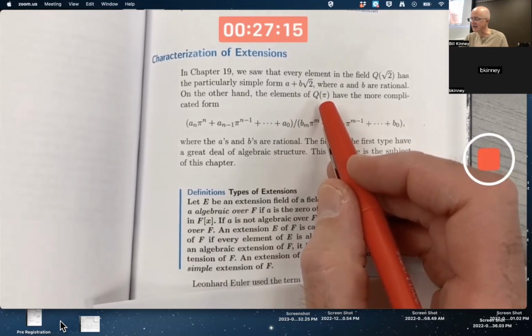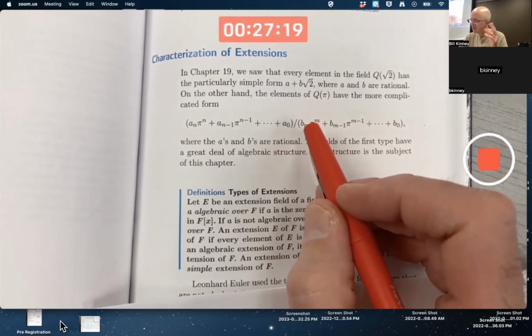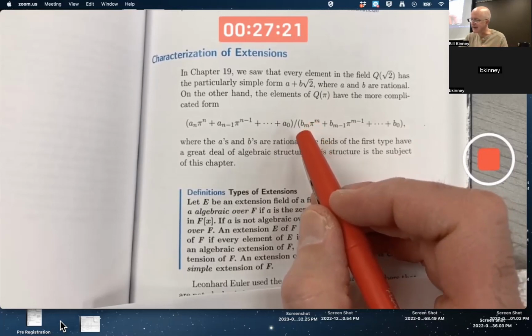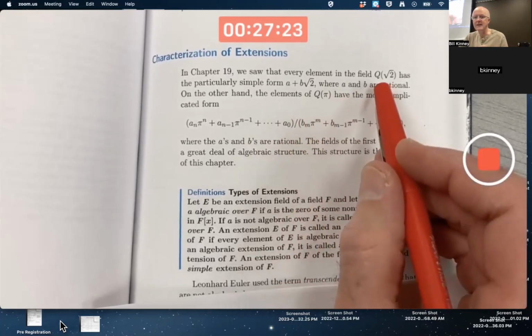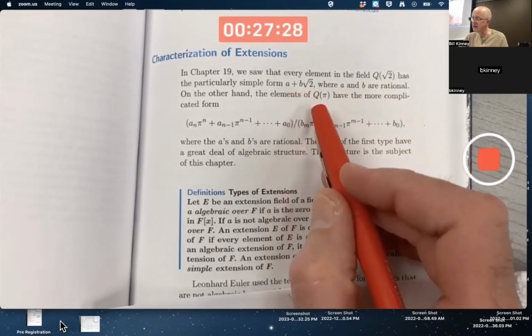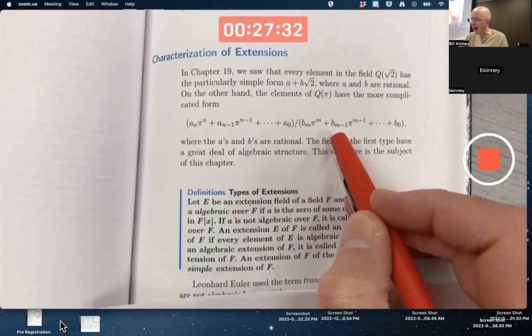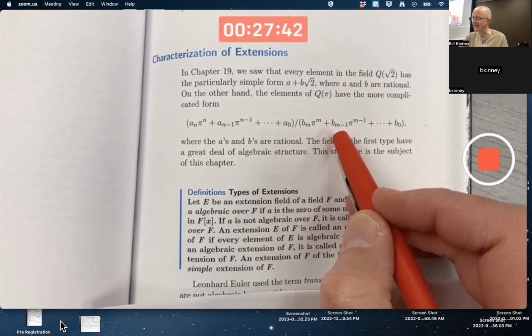So this is a transcendental extension, and the author makes a comment here, which is actually going to be relevant to the theorem where this will come up again: while Q adjoining square root of 2 has elements of this form, as we've seen, Q adjoining pi has elements of this form. Effectively, rational functions where the coefficients are rationals, where pi is plugged in, are the elements of that field.